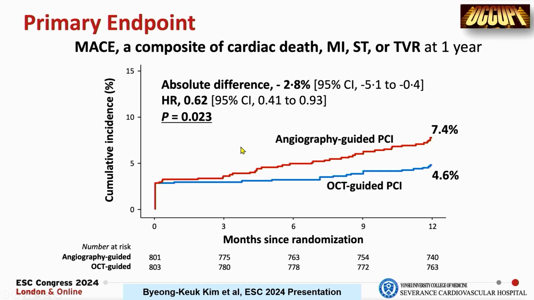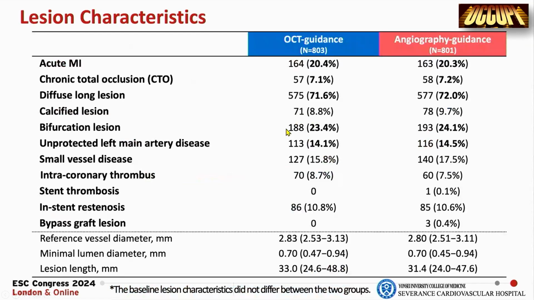We can see OCT-guided PCI at 1-year follow-up had about 4.6% cumulative incidence of MACE, including cardiac death, MI, and ST, and also target vessel revascularization. So OCT is better than angio guide in the OCCUPI study.